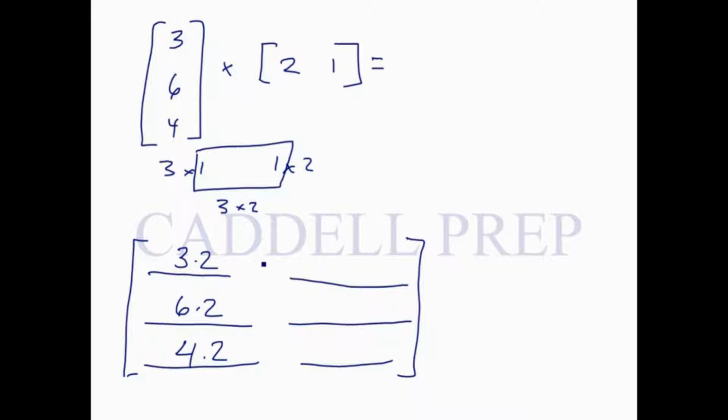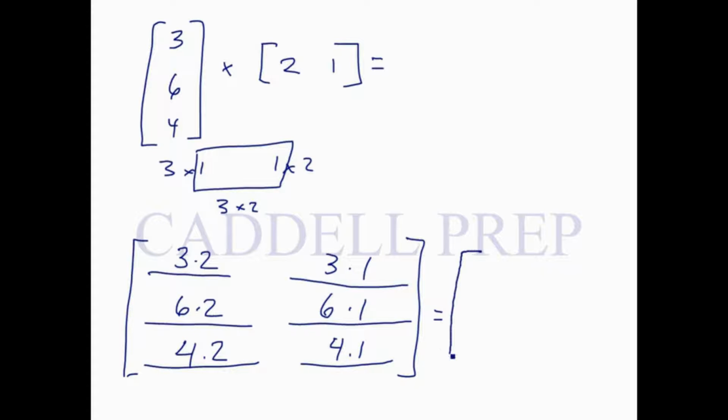Right now over here, this is the first row, but it's the second column, so we're going to do first row, 3, second column, 1, so 3 times 1. Then this spot is the second row and the second column, so 6 times 1. And lastly, we have the third row, second column, 4 times 1.